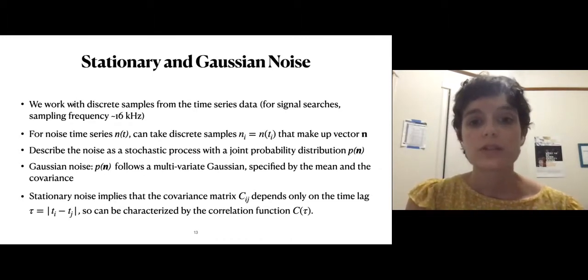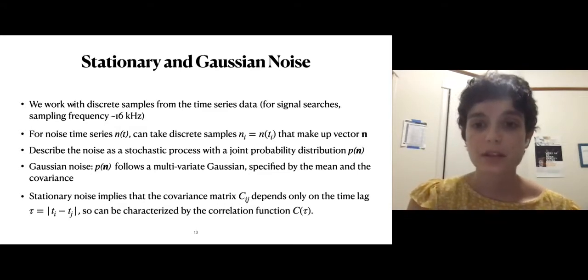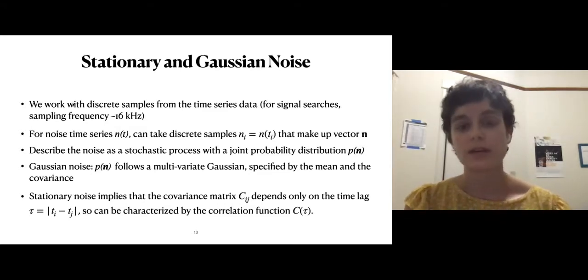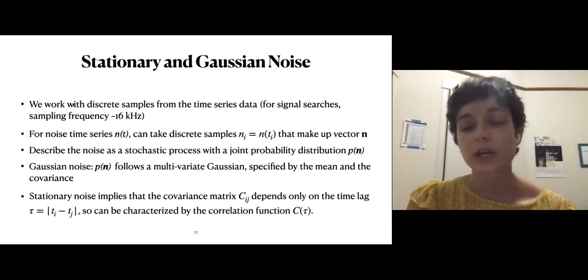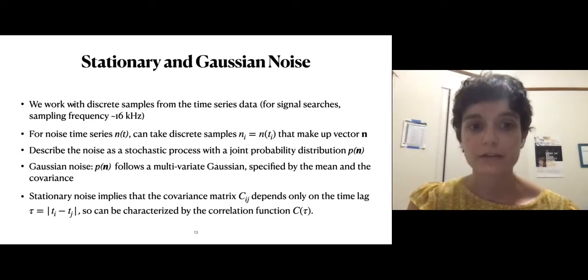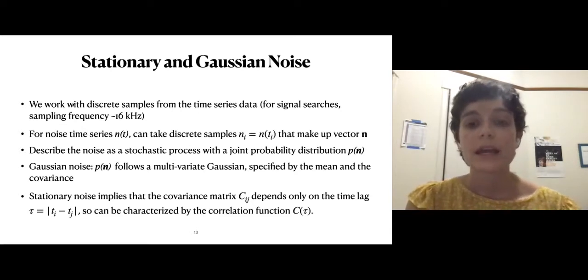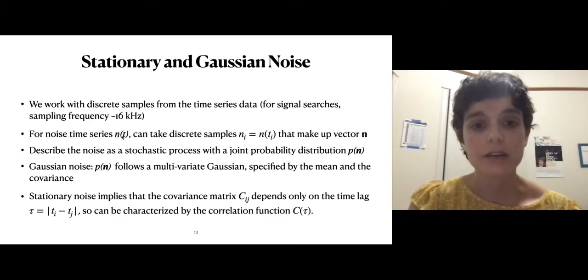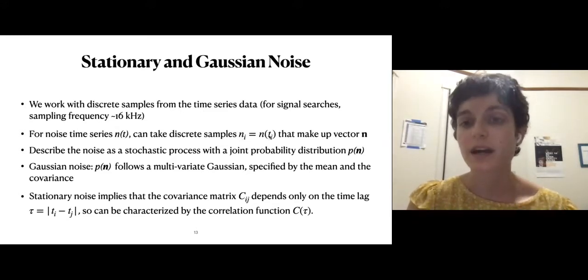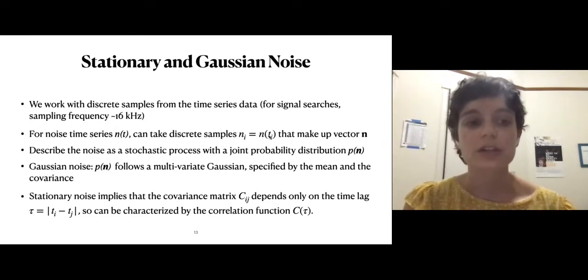We work with discrete samples from the time series data in real life, right? We always take discrete samples. For signal searches in gravitational wave data, the sampling frequency is around 16 kilohertz. And so when we take samples from this noise time series, n of t, we have these discrete samples, n_i, which are sampled at times t_i, that make up this vector.